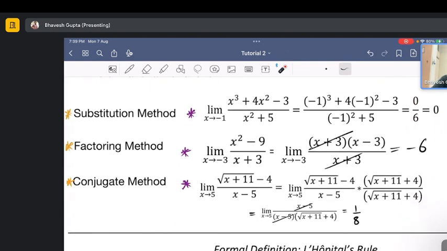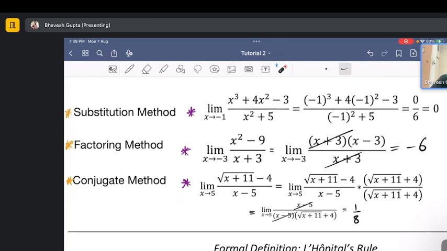But in the case of this, you might not get a finite value, because here you have something called 0 by 0. Just by substituting you cannot get the answer, because you are getting 0 by 0. So you need to understand where this 0 by 0 is coming from.